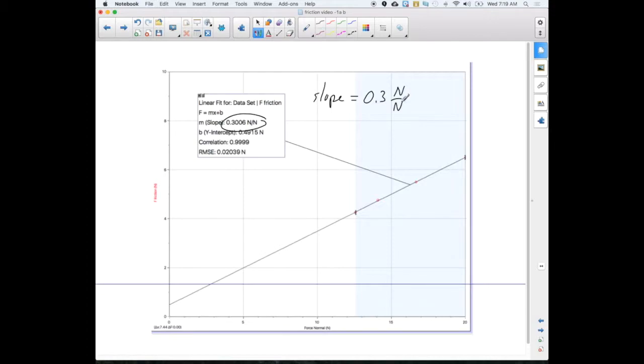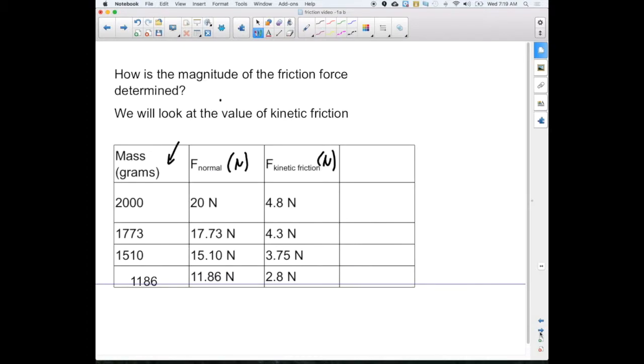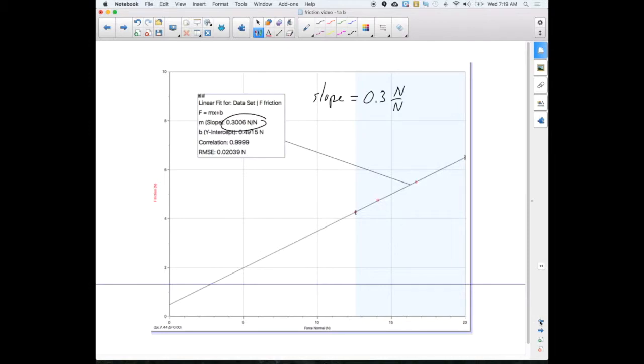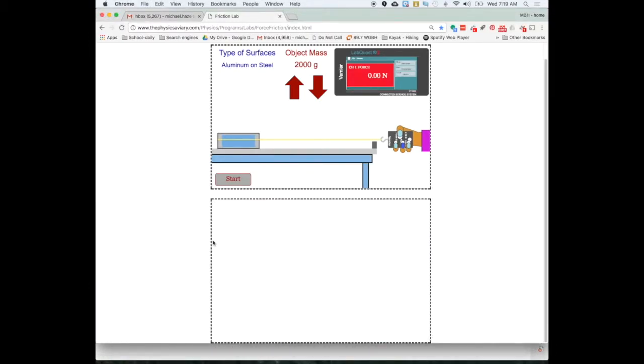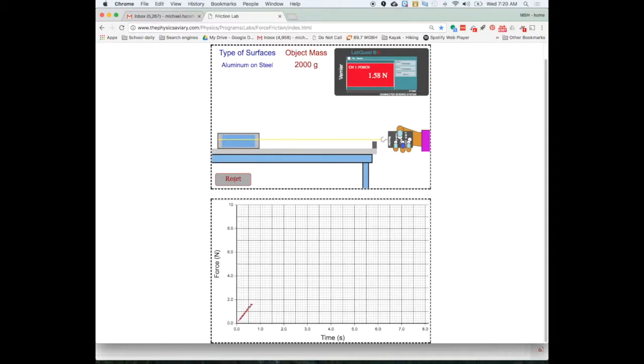So our next step is going to be to do this same experiment, but this time we're going to record the point where the block starts sliding and look at what the friction is there. So what force is required to keep it moving at a constant velocity. I'm going to hit start.